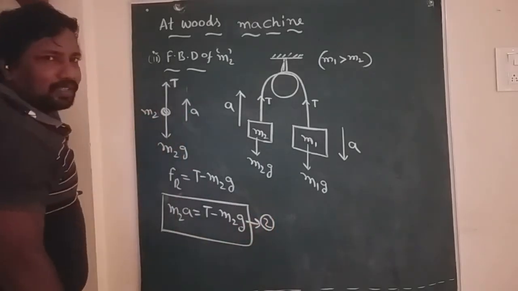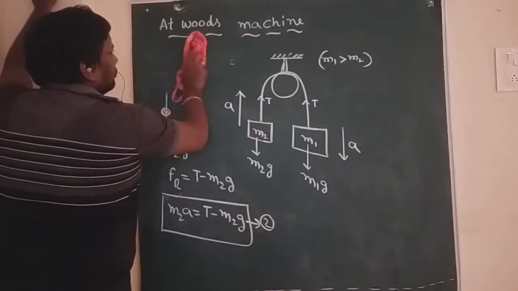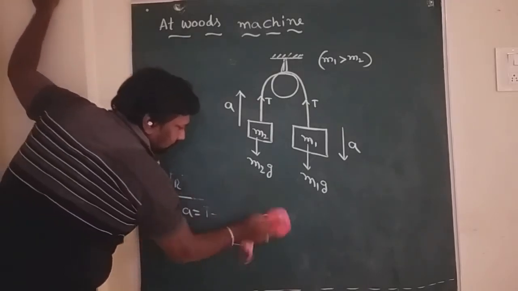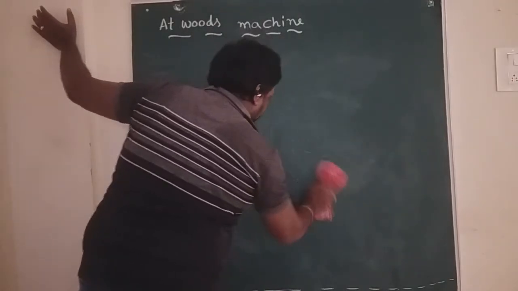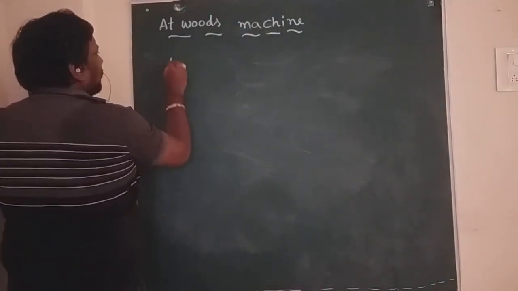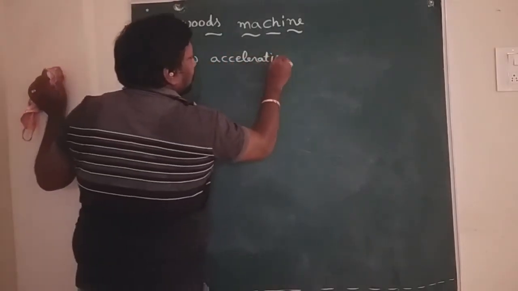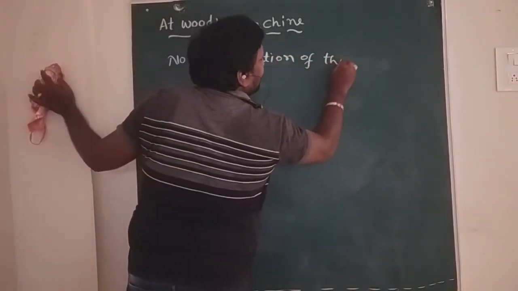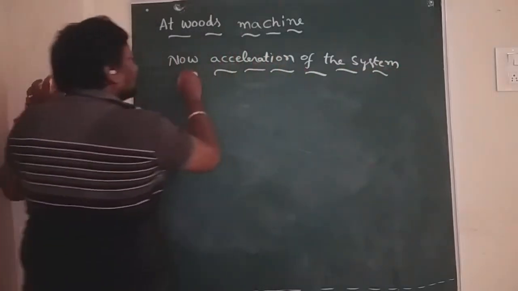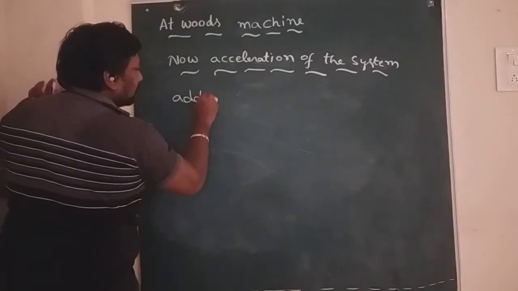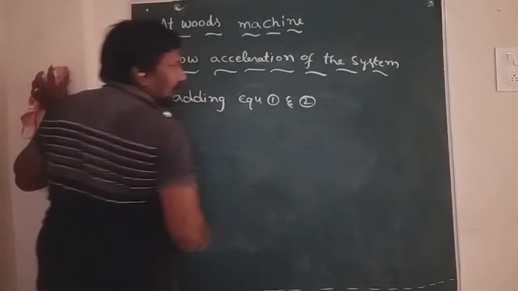Now we can find out the acceleration of the system. Adding equation 1 and 2, we get acceleration.